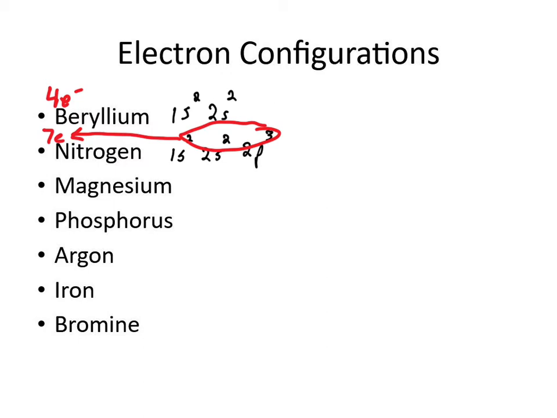Magnesium. Do you guys want to try magnesium on your own? All right, go for it. All right, back together. We've got magnesium. How many electrons do I need there? 12 electrons.